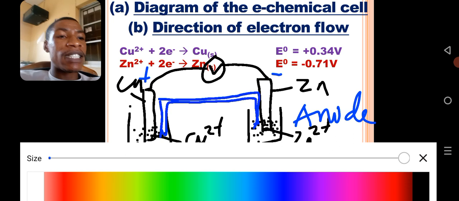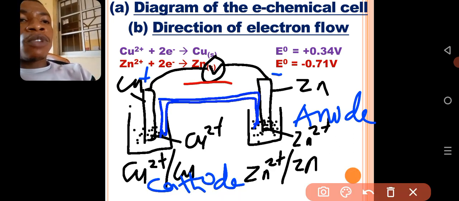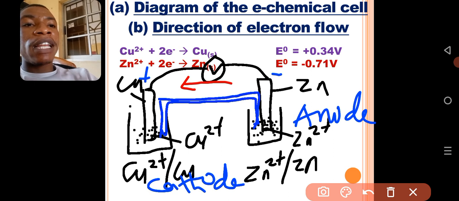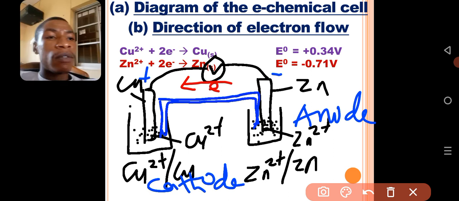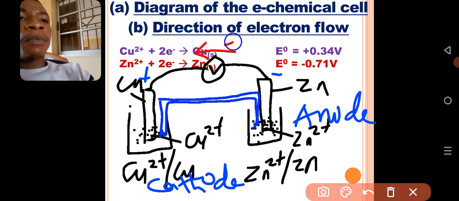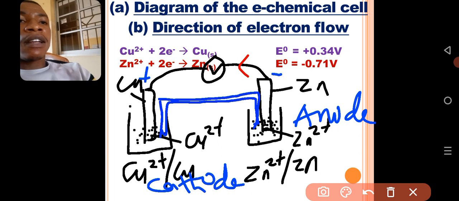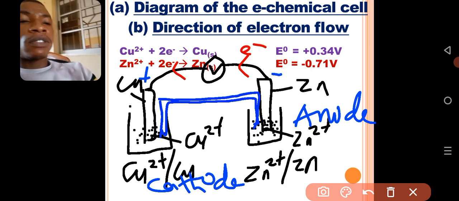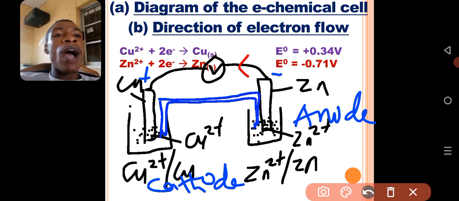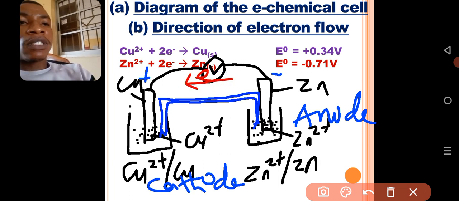Let me use a red arrow in this case. So just put an arrow there and put the electron. Or if you like, you can put it on the wire. Though I always prefer that you use an arrow and put electrons.